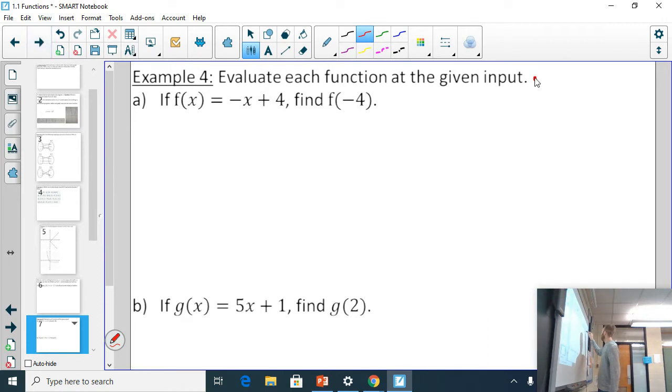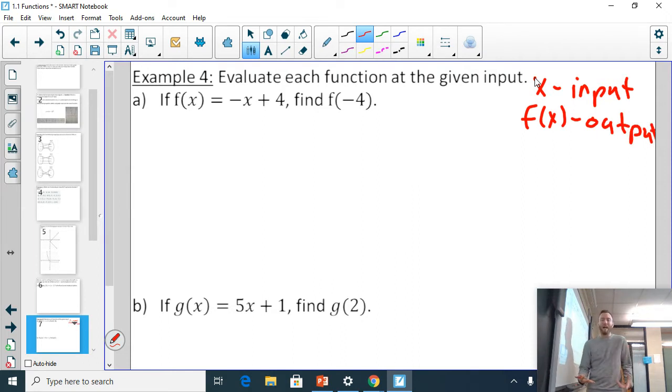And f of x is going to be the output. We just replaced y with f of x, and just like y was our output, f of x is going to be our output.